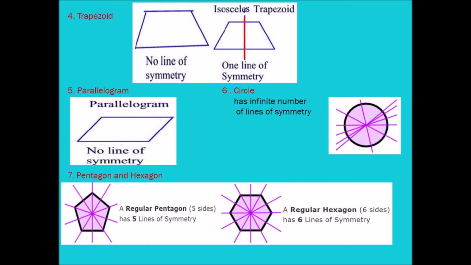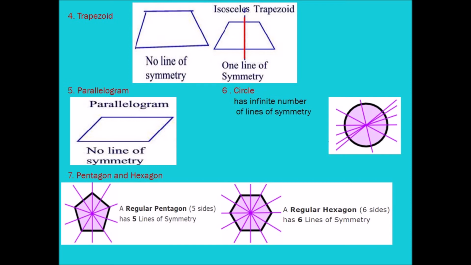The circle, here we have a circle which has an infinite number of lines of symmetry. If I draw any line passing through the center of the circle, it is considered a line of symmetry, so it has an infinite number of lines of symmetry.